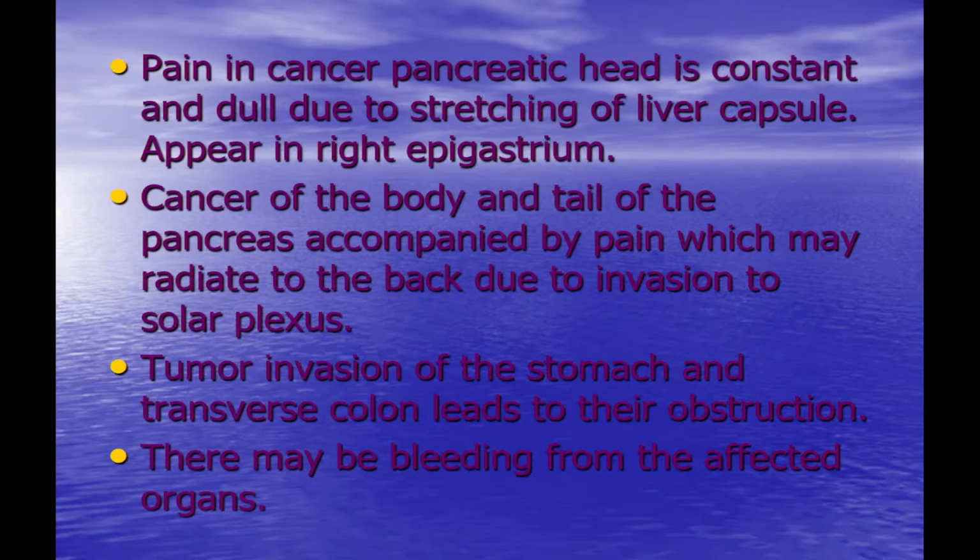Pain in cancer of the pancreatic head is constant and due to stretching of the liver capsule. Pain in the right epigastrium. Cancer of the body and tail of the pancreas is accompanied by pain which may radiate to the back due to invasion of the solar plexus.